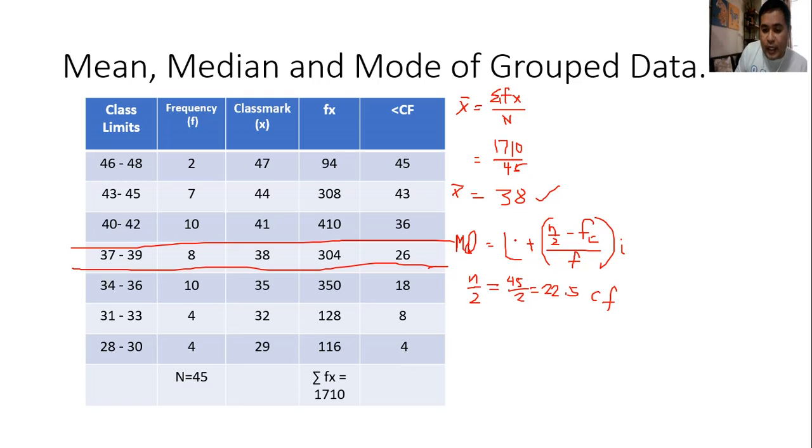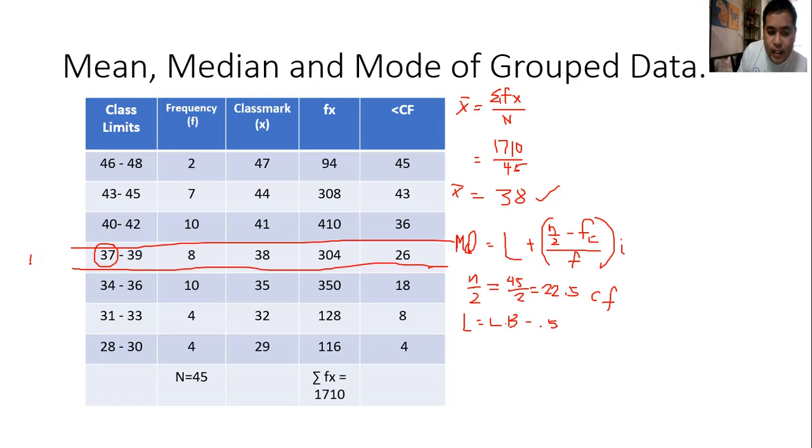And then, what about your L? L is, of course, the lower boundary minus 0.5. So, what is the lower boundary of the median class? So, we have 37. So, let us reduce this by 0.5.